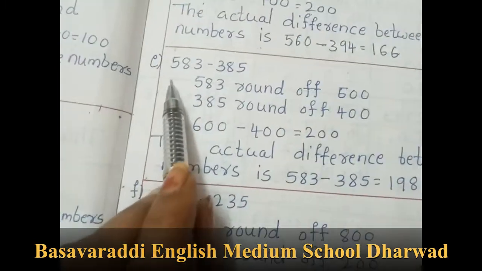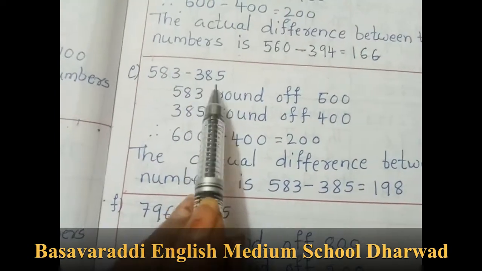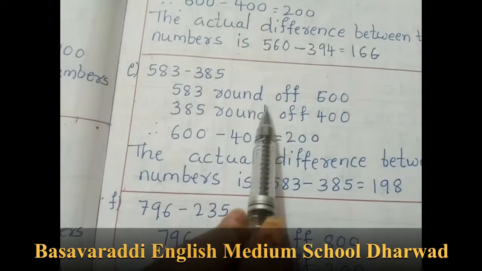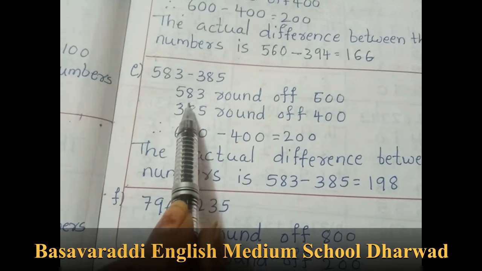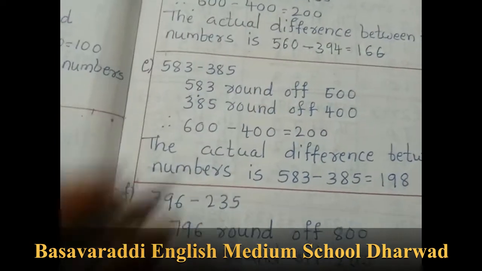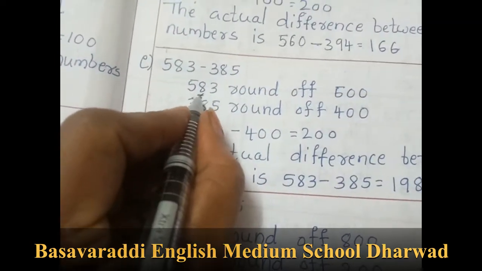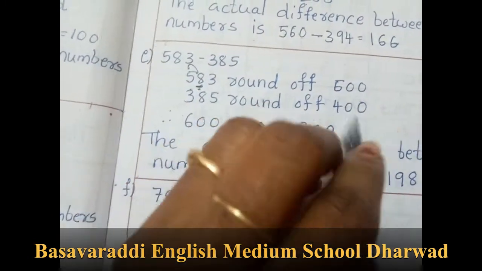E1, 583 minus 385. So now we have to round. They told us nearest hundreds, so we have to see the tens place. Here it is a push up to the 100 place. 5 plus 1, 6, and 0, 0.